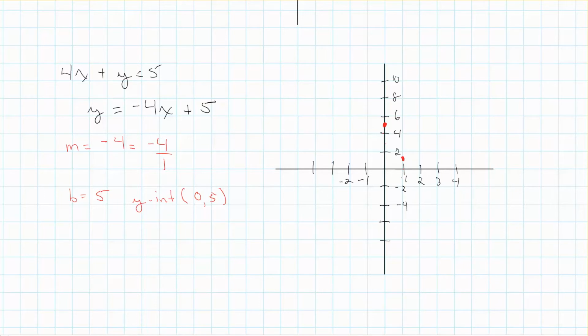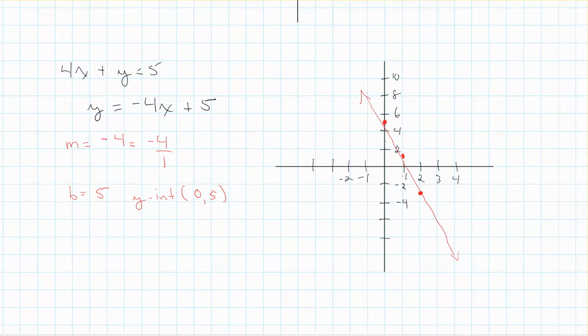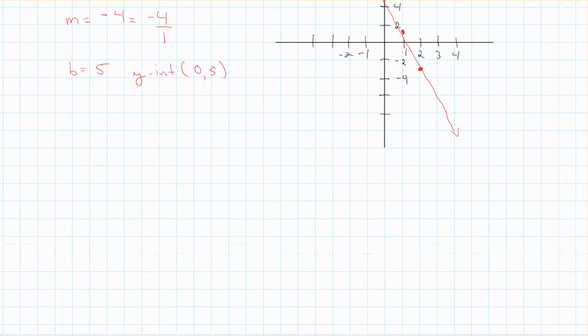So 1, 2, 3, 4, and then over 1. So there's a point right there. And then again, we at this point just draw a straight line through those points, and the arrows, of course, indicating it goes on forever in both directions. And that, of course, is then my graph of the equation.